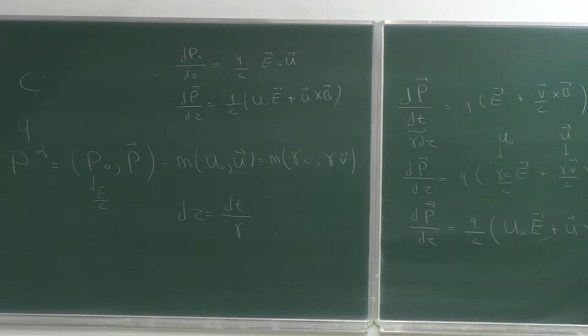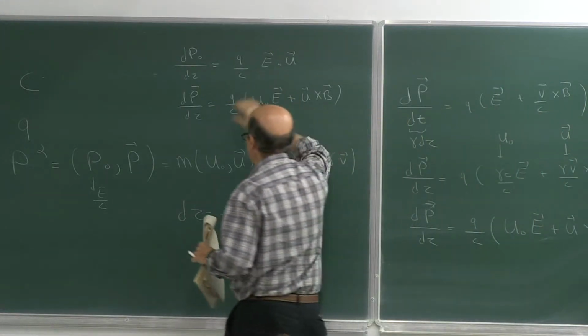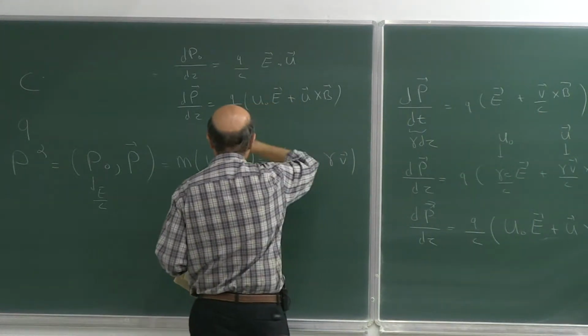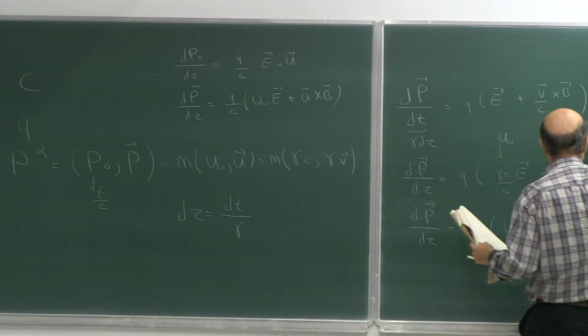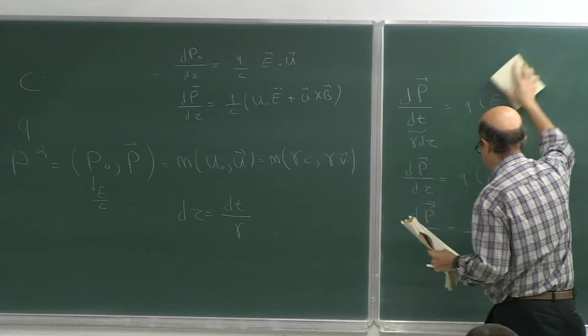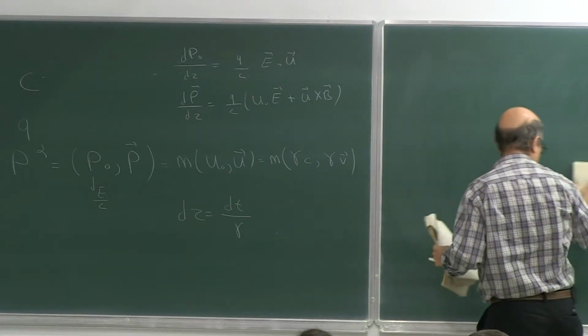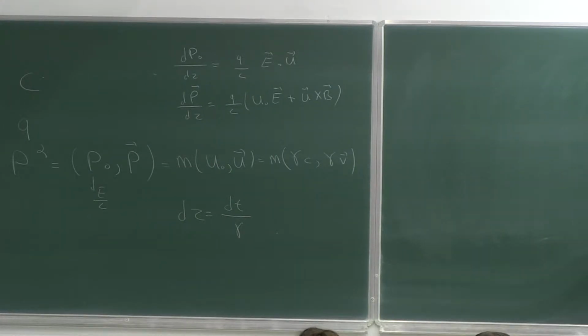What is the field strength tensor? So let us leave this 4-dimensional Lorentz force there, and let us investigate what else we have in covariant forms in electrodynamics.